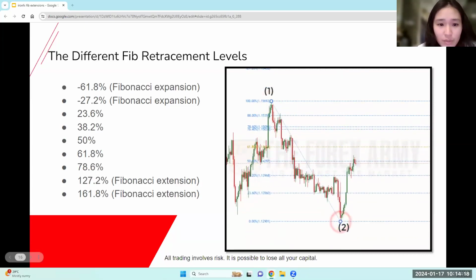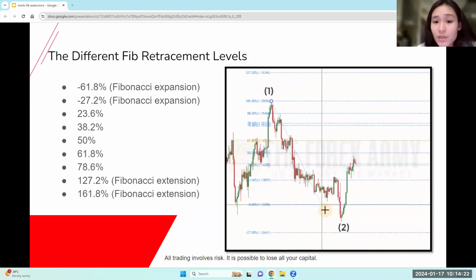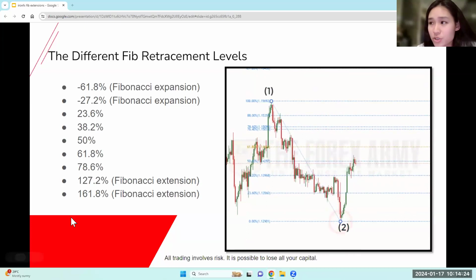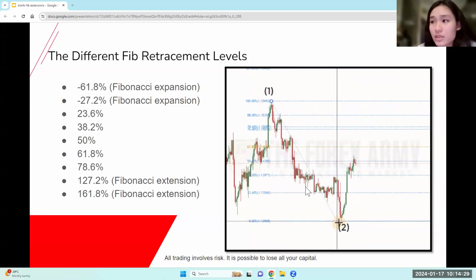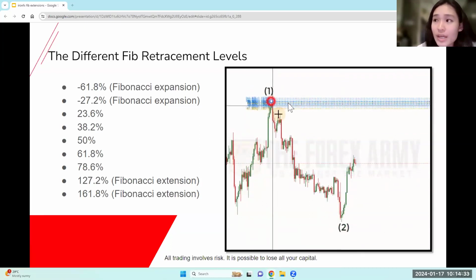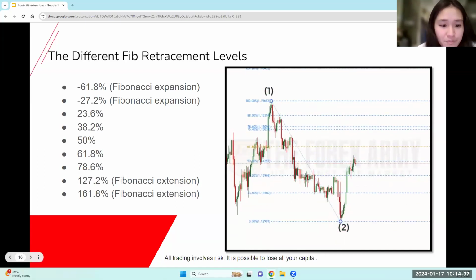We'll go through expansions more in depth in the next webinar, so I'll just briefly introduce these levels now. And if you look at the GIF that I've included here, this is the kind of shape that we're looking for, and this is exactly how you should draw your Fibonacci retracements.